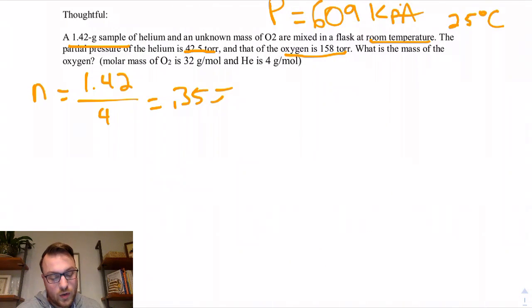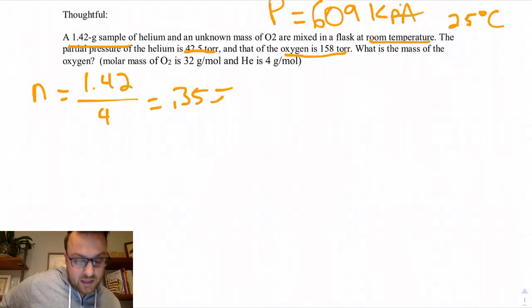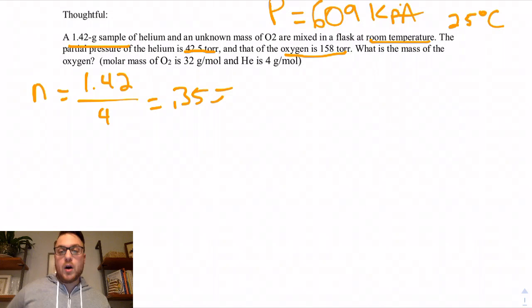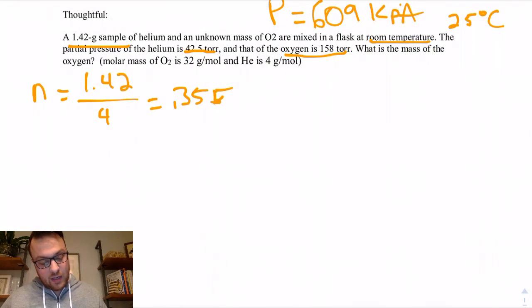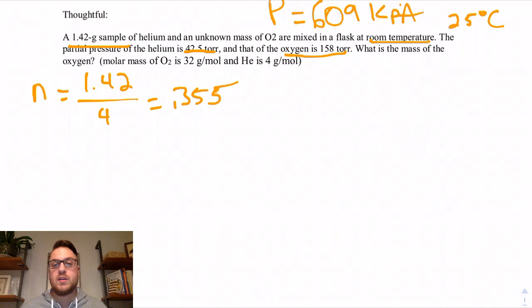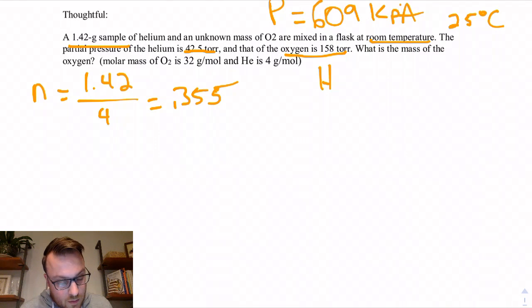So if you do decide to go the PV=nRT route, and I made sure to clarify this in class, you do not know what R is for torr. So if I remember correctly, I gave you these values for helium and oxygen in terms of atmospheres. So helium in terms of atmospheres, instead of 42.5, would be, let's just say, 0.056 atm.